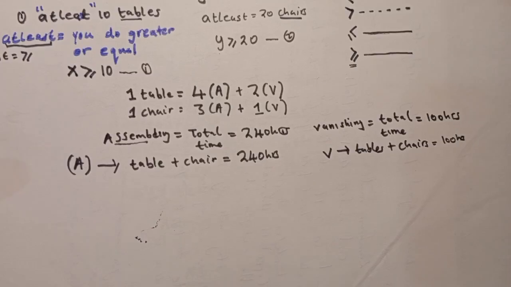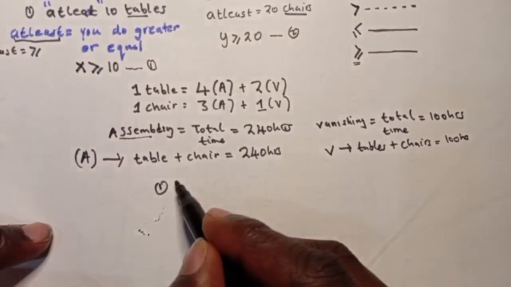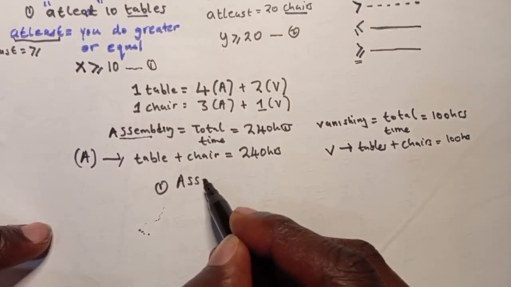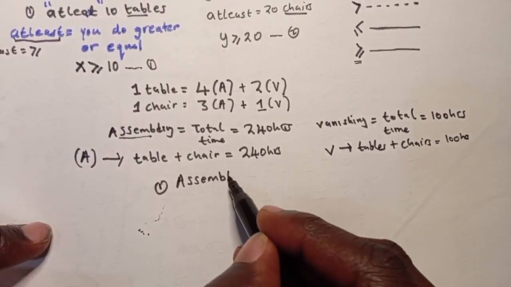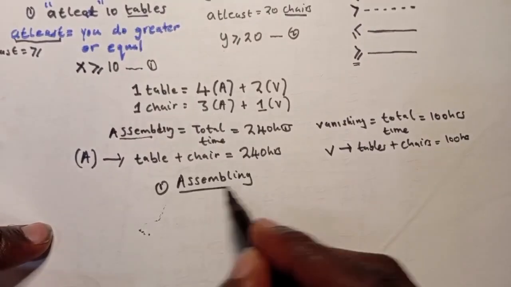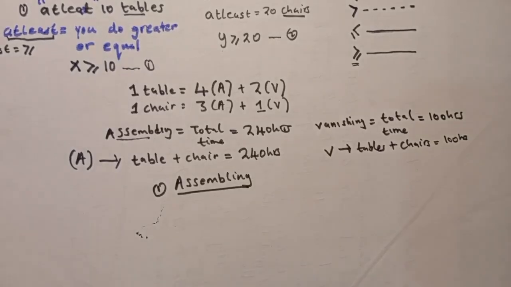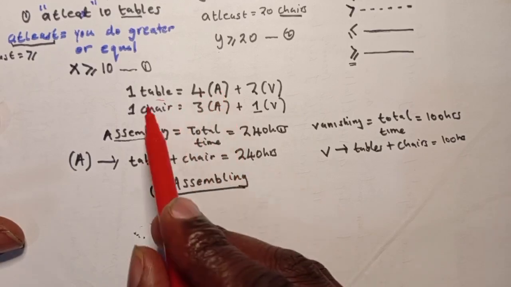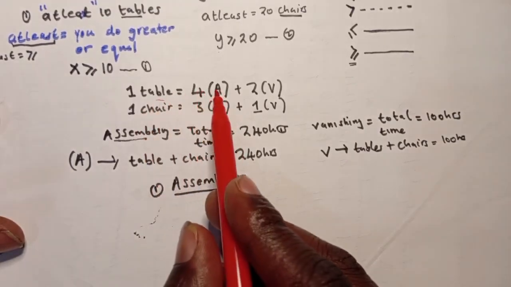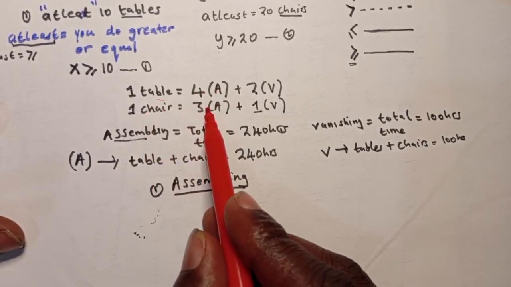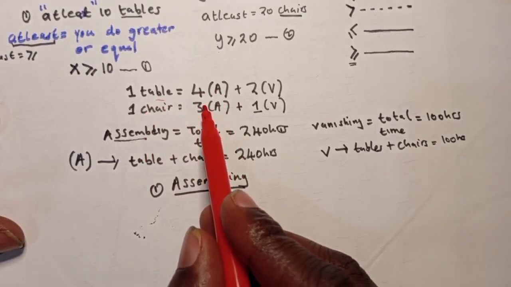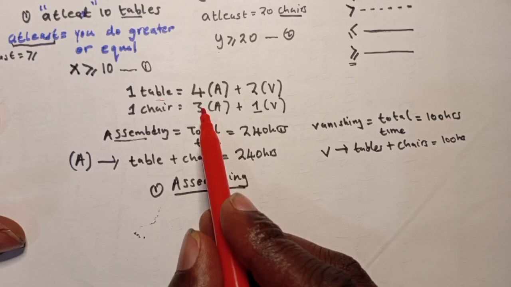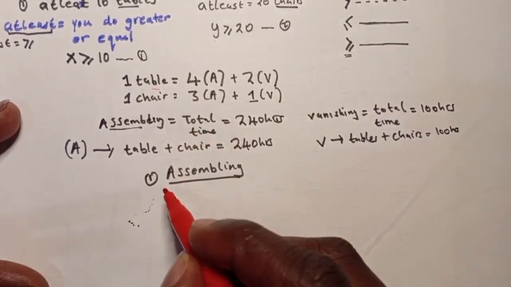So now we are going to start with the assembling. We single them out. So we are told to assemble one table you need 4 hours, and to assemble one chair you need 3 hours. So this is what you are told.